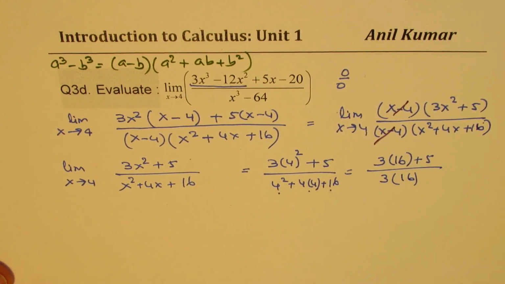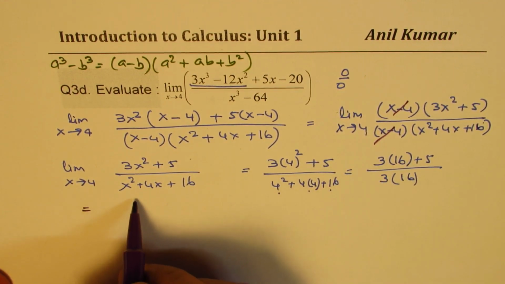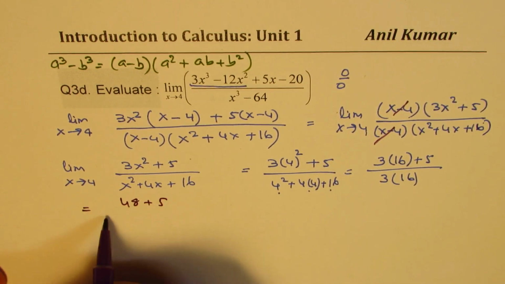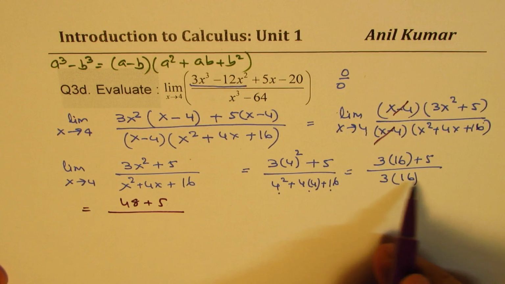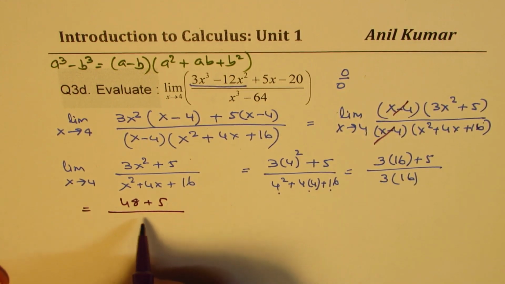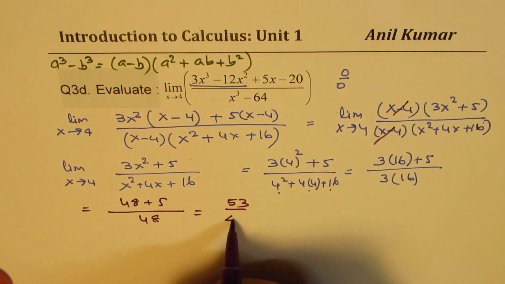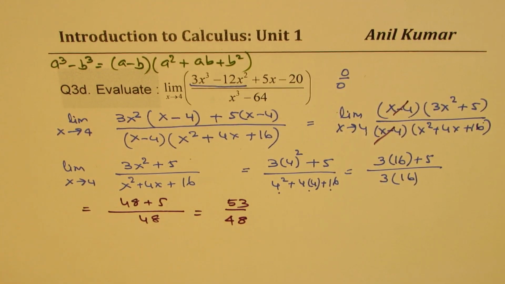And our answer now is 3 times 16, which is 48, plus 5 over, we have 3 times 16, so we have 48 here. So the answer here is 53 over 48, correct? So that becomes the limit of this particular function as x approaches 4.